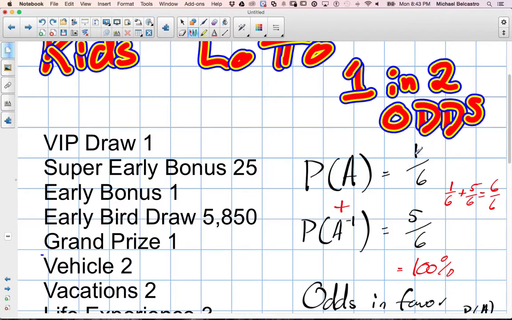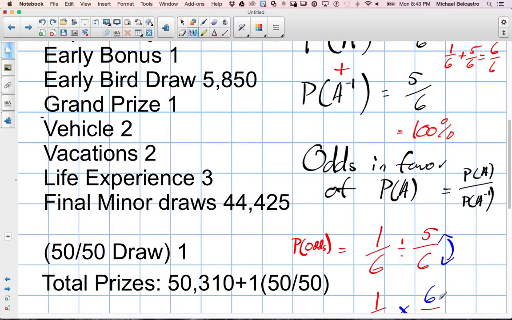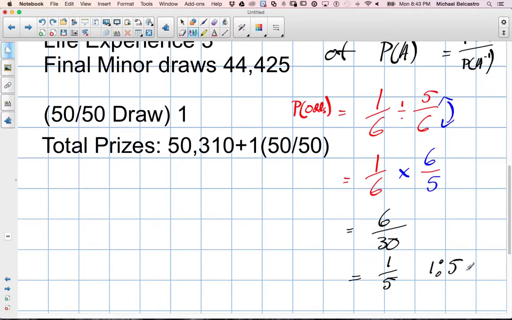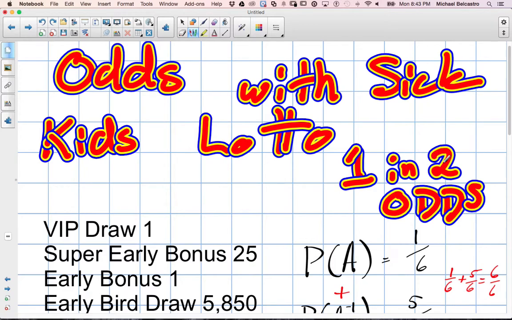Think of it as if there are 3 tickets being sold, just like the 1 in 5 had 6 total outcomes. You have 1 in 3 of winning, and 2 in 3 of not winning.